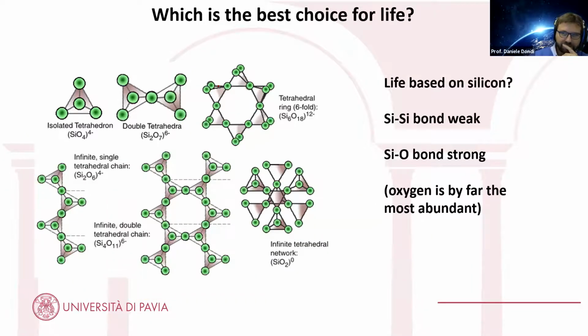We know from the chemistry, you have a problem with the silicon. The problem is the silicon-silicon bond is weak. It's not like carbon-carbon. It means that in some mild condition, you can have the decomposition of this silicon-silicon bond. Obviously, chemists like to play with this.